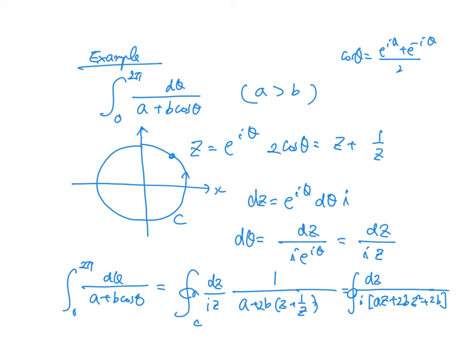I'm putting this z here. So a times z, b times z squared, and b times 1 over z becomes just b, right?